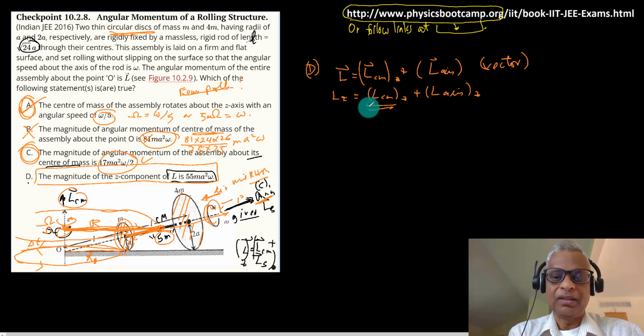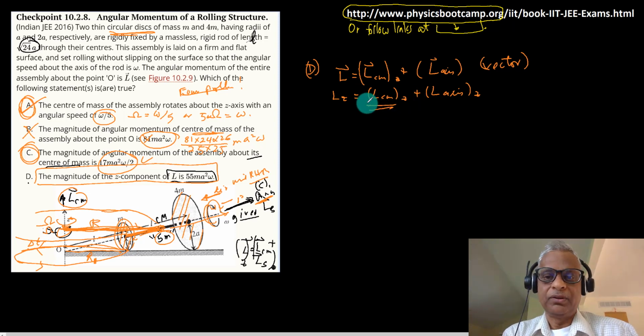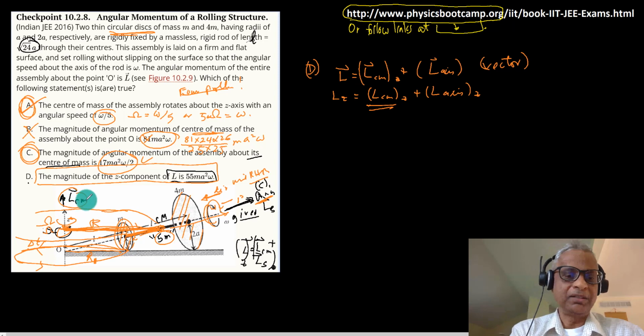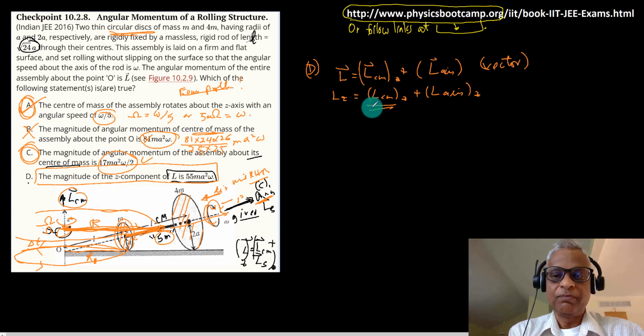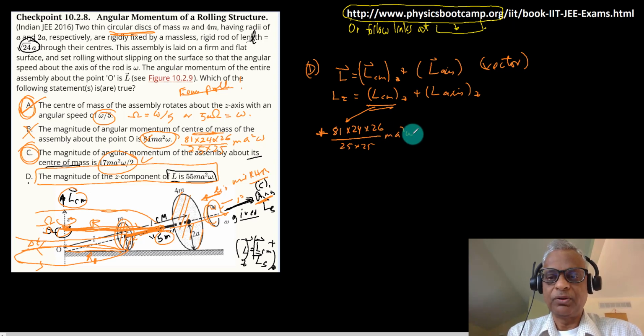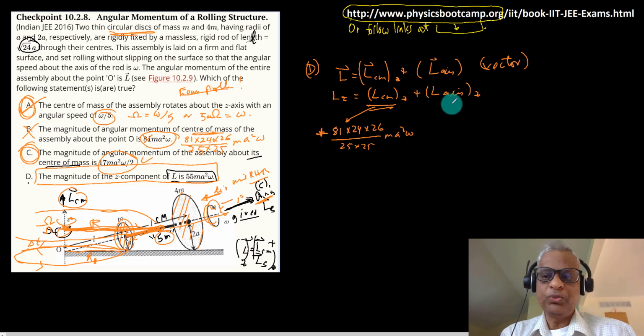So if you look at it, it is in the k-hat direction. So this one was plus 81 times 24 times 26 over 25 times 25 m a square omega, and this one was pointed in that direction.